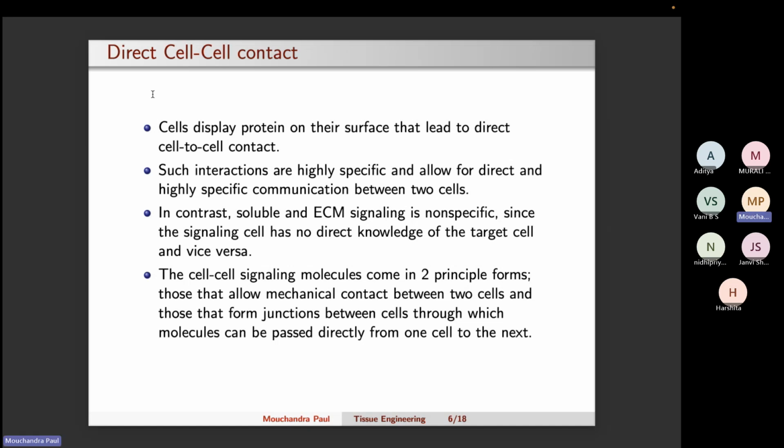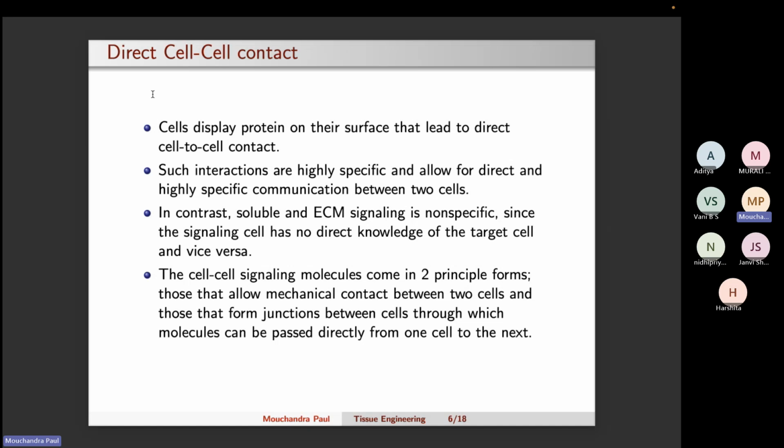Through soluble signaling, it can communicate with a larger population of cells, at whatever distance the signaling molecules can diffuse to. There may be 10 cells, 100 cells, or even thousands of cells. At a time, it can communicate with that number of cells.